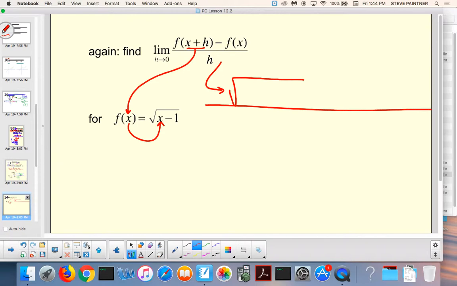X plus h, but it's still the radical, the root of x plus h minus 1, right? Then you subtracted your function. What's your function? Square root of x minus 1. And it's always divided by h, right?